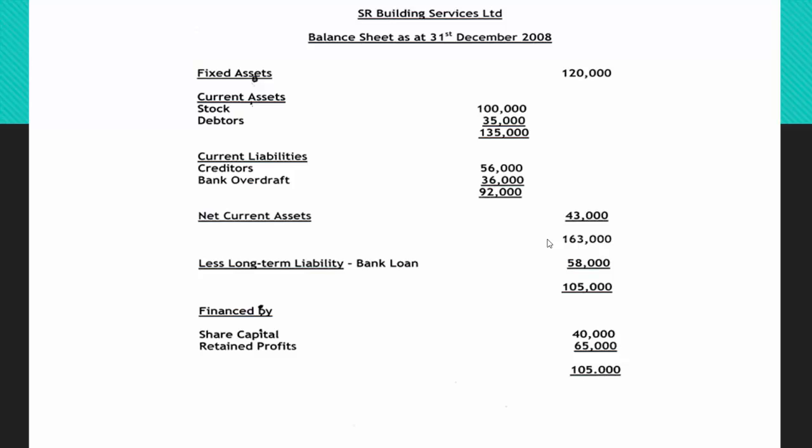Although that net current assets figure is really positive at 43,000, it would be a problem for this business if they are unable to convert the stock into money, cash, or if their debtors don't pay. But equally, if the creditors and the bank overdraft want their money before they can sell any of the stock or get some of the debtors' money in, then this business might have some serious problems trying to pay some of its debts. Okay, so that's probably the big analysis point for this piece of work.